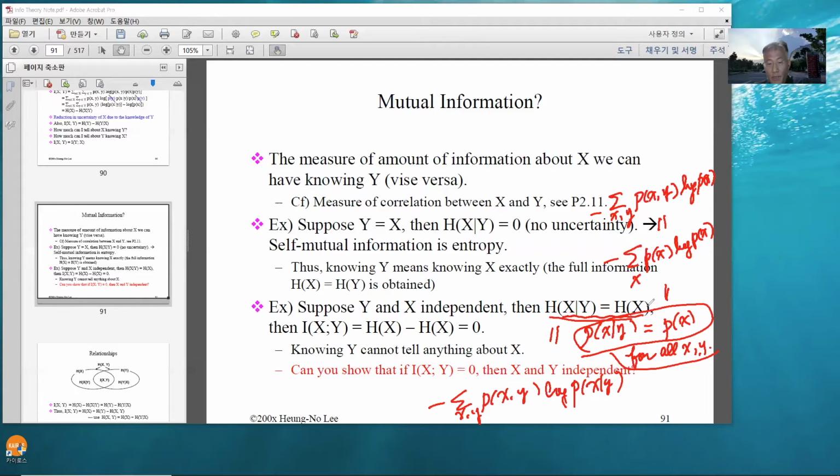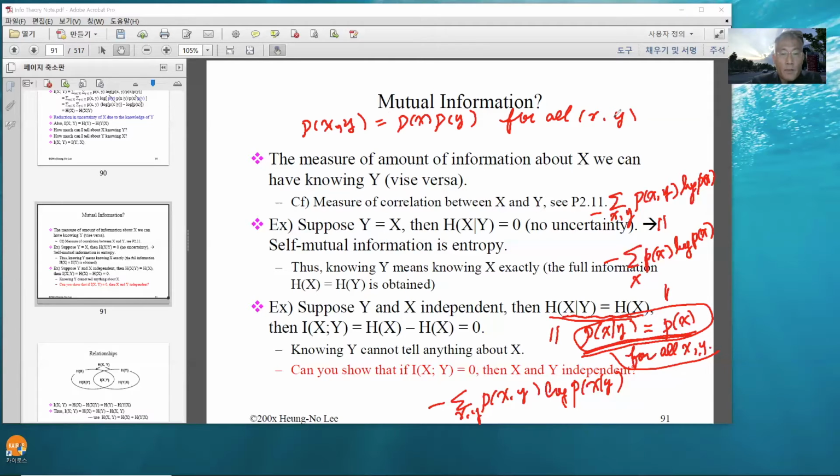And then when we say that two random variables are independent of each other, that means this is holding. Or in the other case, we can say that the joint distribution is equal to the product distribution, for all x, y pairs.